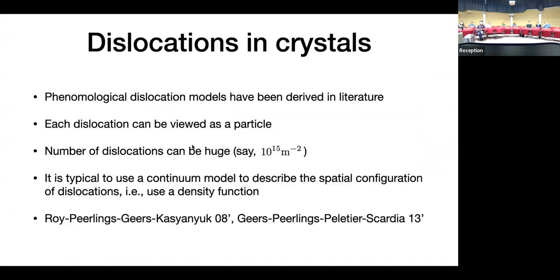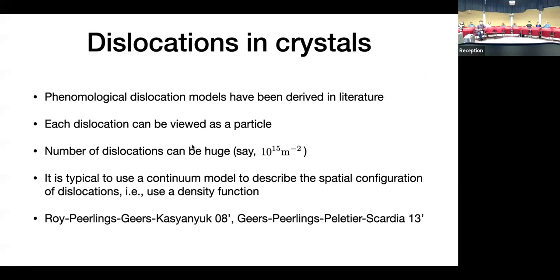Okay, so the problem with this kind of particle model is that the number of dislocations in a crystal can be huge. For example, a typical scaling of the number of dislocations can be like 10 to the 15 per square meter in the case of the edge dislocation.